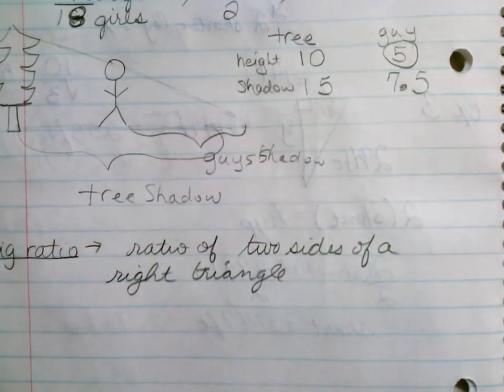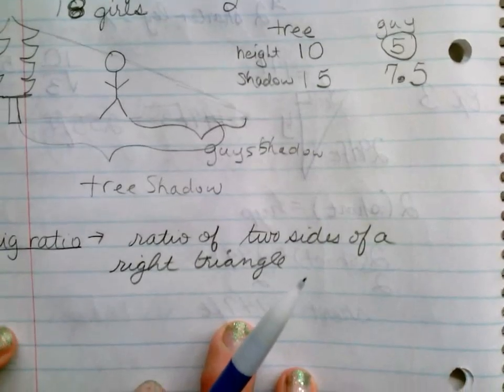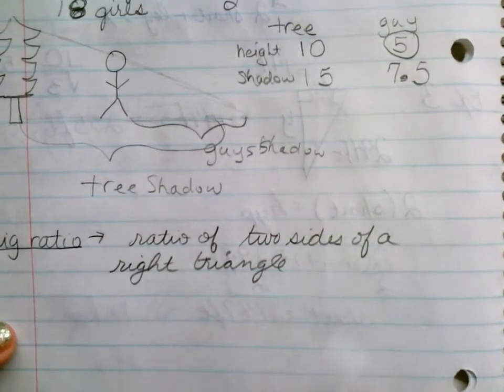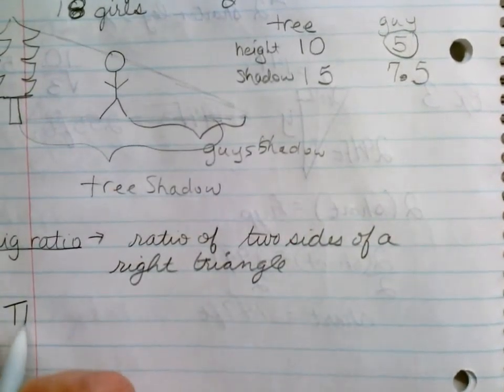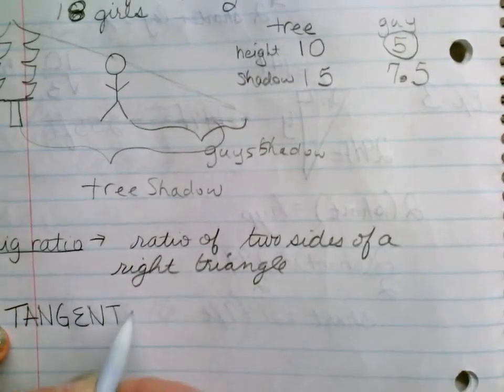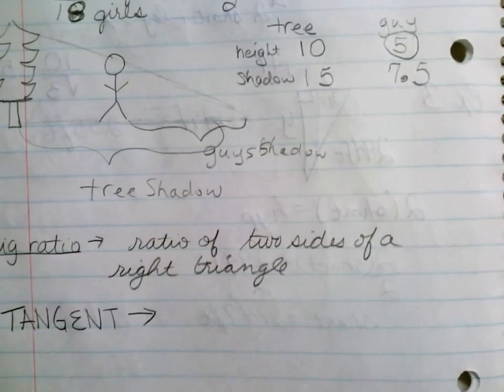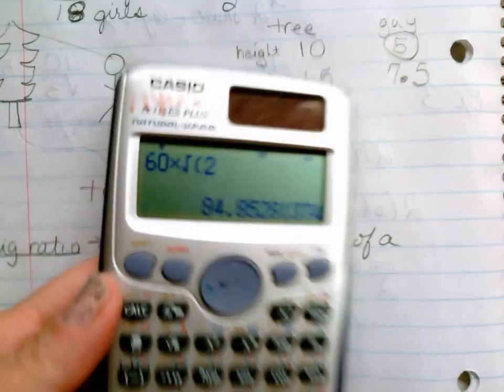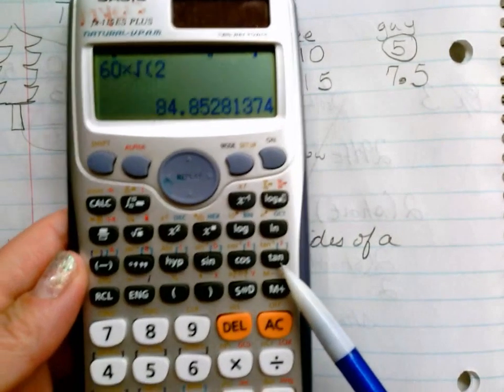Okay, so we're going to start with example 1, and I really, really, really want you to just not worry about this. Go nice and slow with me. You're going to be fine. The first ratio you are going to learn is called tangent. If you look on your calculators, most of you have trigonometric ratios.